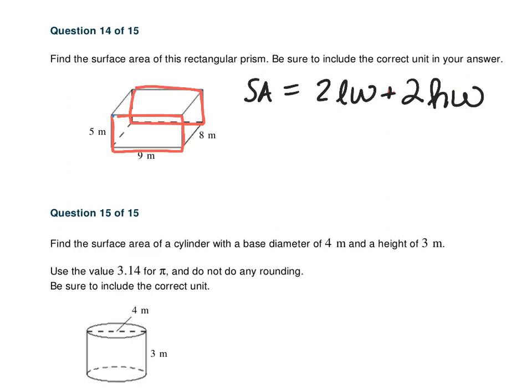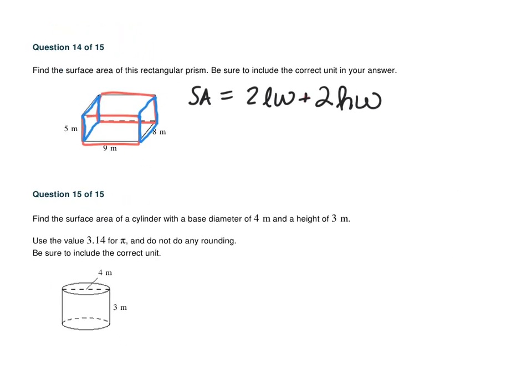That would be if I had these blue boxes here. Those are my sides. Plus 2 times my height and my length, and that would be these boxes in green on the top and bottom.